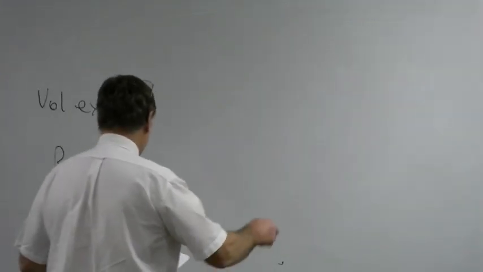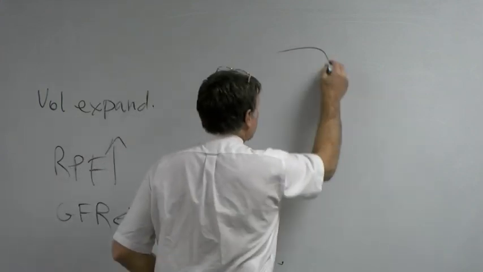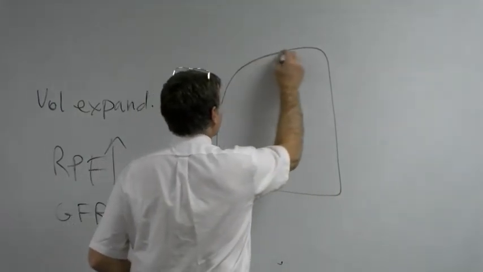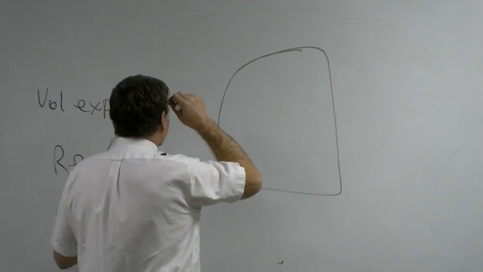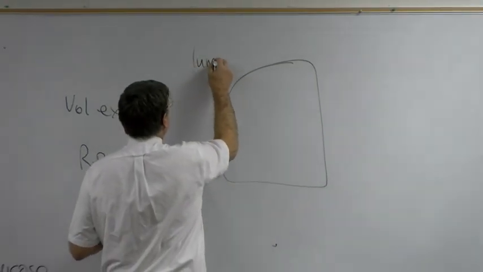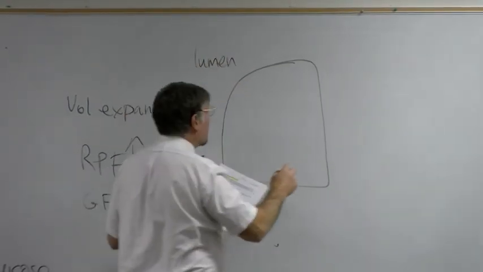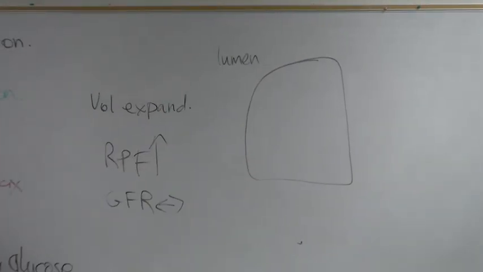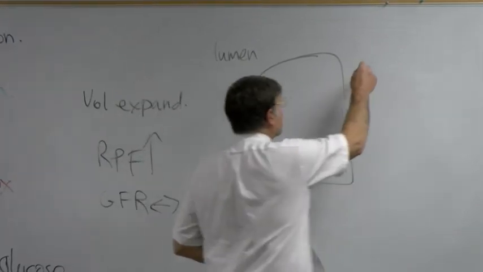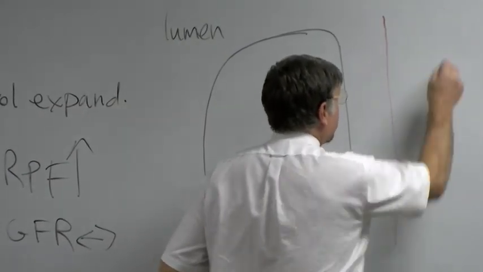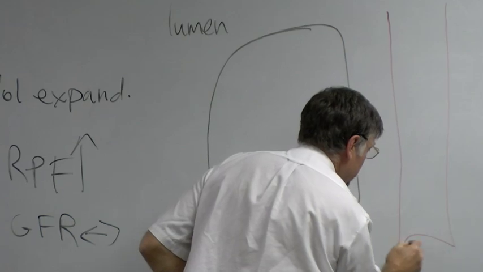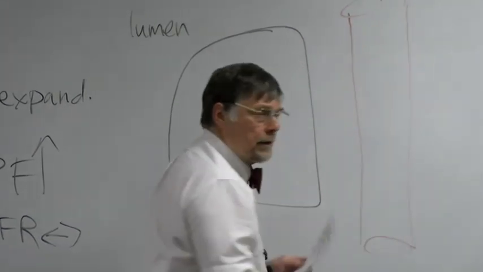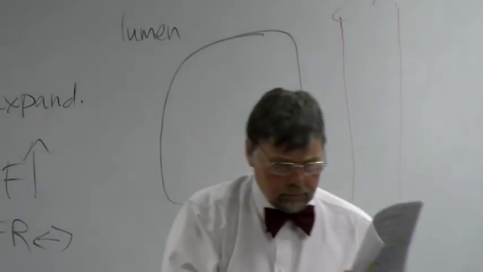So, is it on the left or the right? Yeah, the left. Okay. So this is the lumen, and this is the peritubular capillary, get a different color, red, different red.